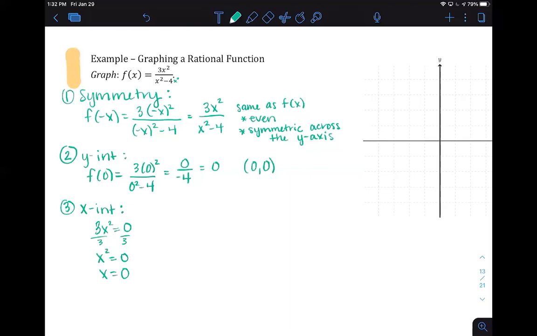But since it's squared, what could we say? How many times is that x equals 0 going to actually appear? Twice. So let's write in a multiplicity of 2. And when we have a multiplicity of 2, what happens? It bounces back. That rule still applies when we're graphing a rational expression.